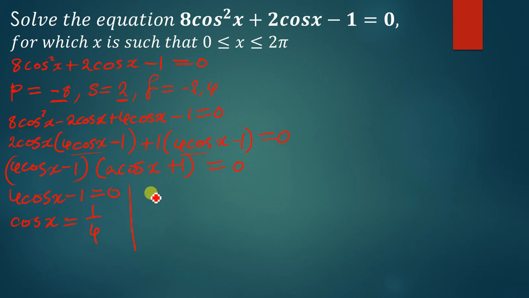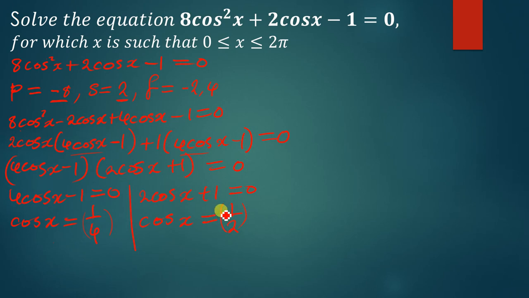And if you equate 2 cos x plus 1 to 0, you are going to get cos x being equal to -1/2. To find the value of x, you simply take the cos inverse of what you have on this side. Same applies to this part.